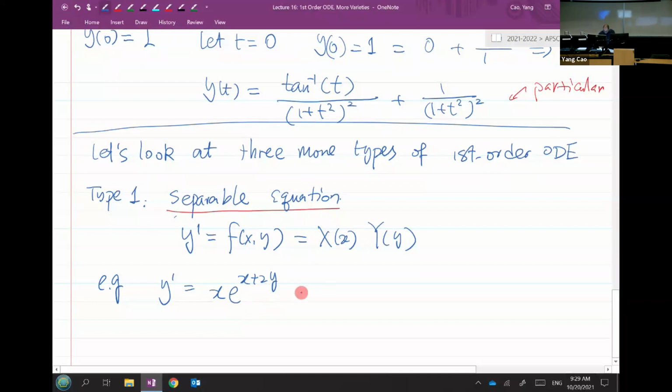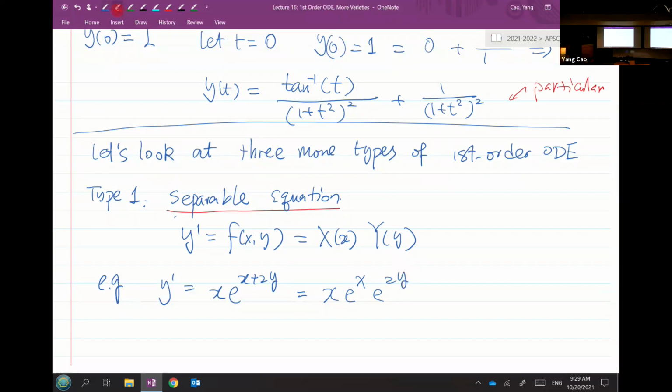Then the next step requires a little bit of experience. Okay, so what can we do with this sort of non-linear equation? What type of first order ODE does it fall into? In this case, we can manipulate this equation, especially the e to the power term, because this is e to the power a plus b. So you get basically e to the power of a times e to the power of b.